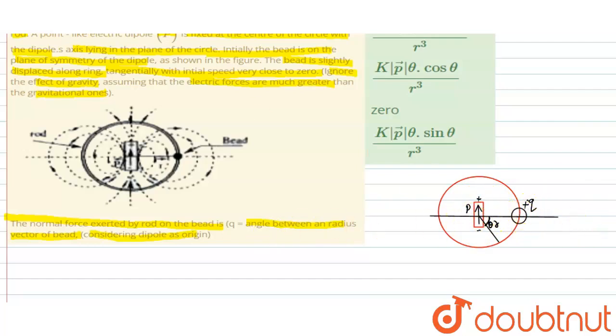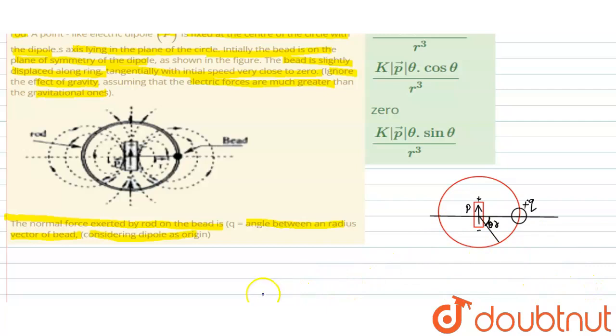Now we know that for circular motion of anything there will be a force required towards the center, that is centripetal force for the movement of this bead in this circular motion, and this centripetal force will be given by the electric force between the charges.